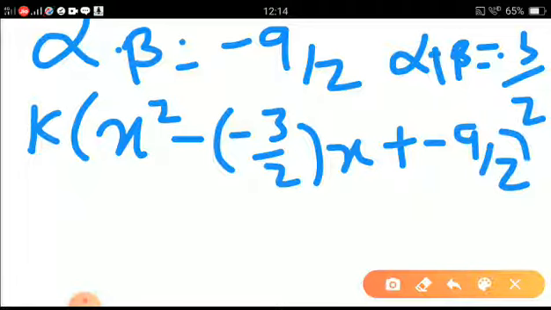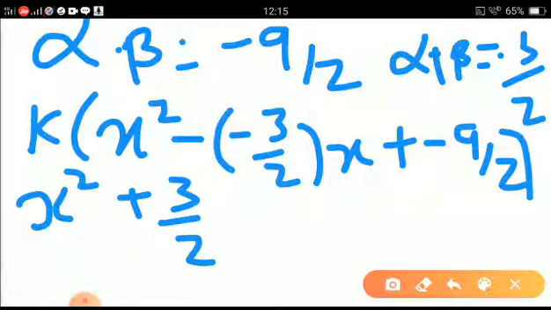Now in particular I am going to take the value of k as 1, because k is any real number, so you can write any one polynomial which will be satisfied. So I will get x square plus 3 by 2 x minus 9 by 2. So this is the polynomial.